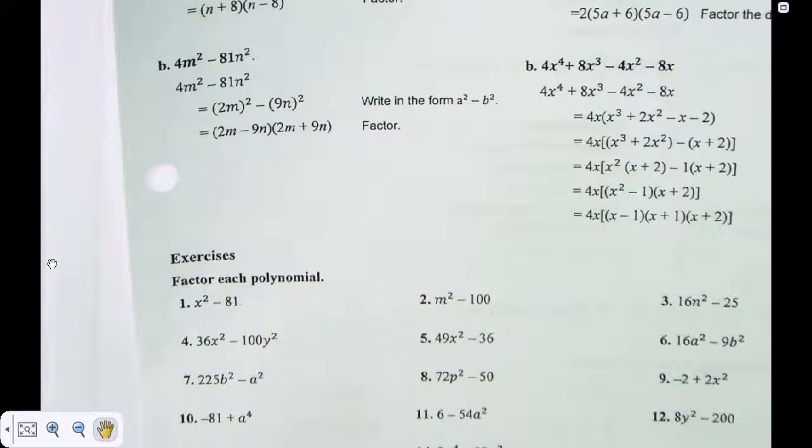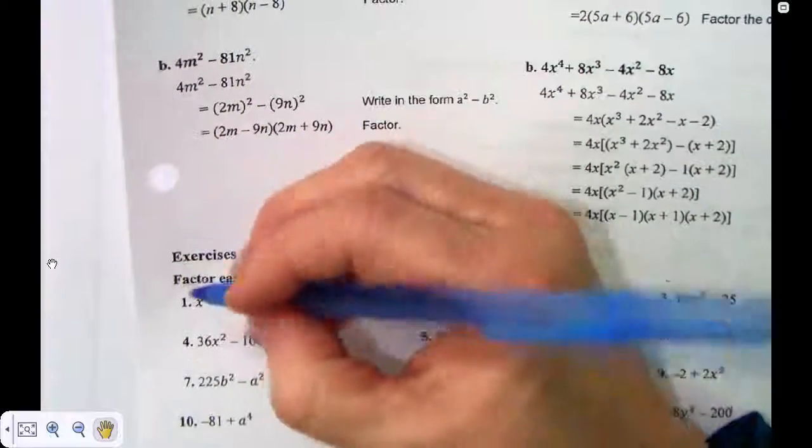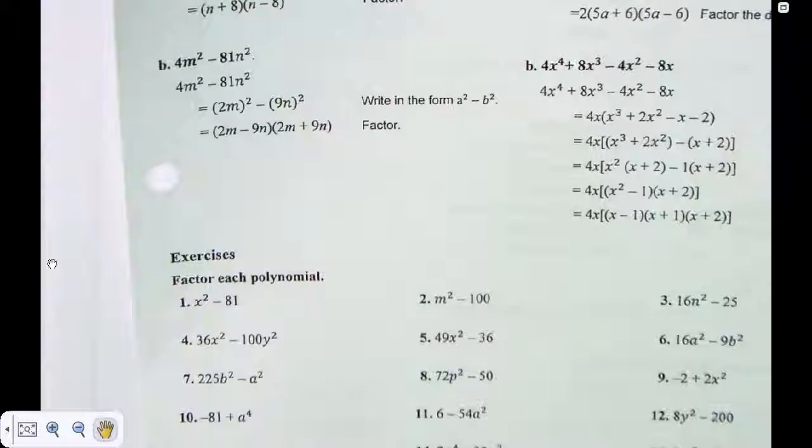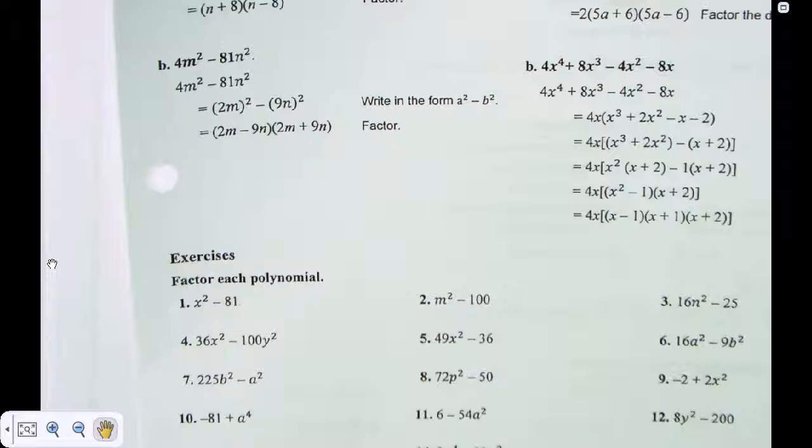That's when your brain has to go, well, let me look deeper into it. Look at it carefully. You can factor this. Well, yeah, you can always take 1 out, but that's not what they want.